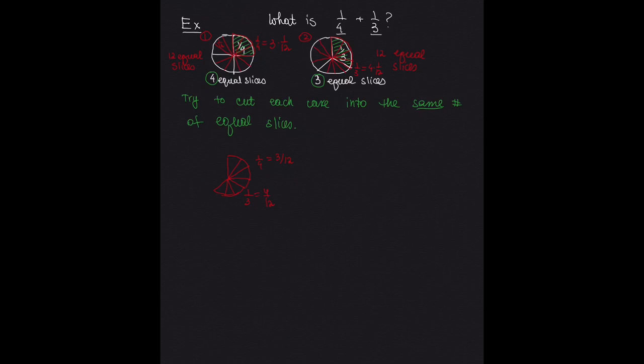Let me count. 1, 2, 3, 4, 5, 6, 7. So 1/4 plus 1/3 is 7/12.